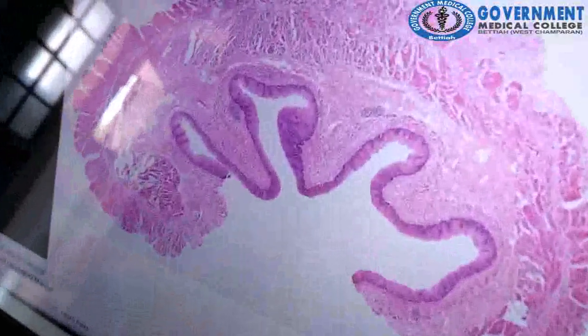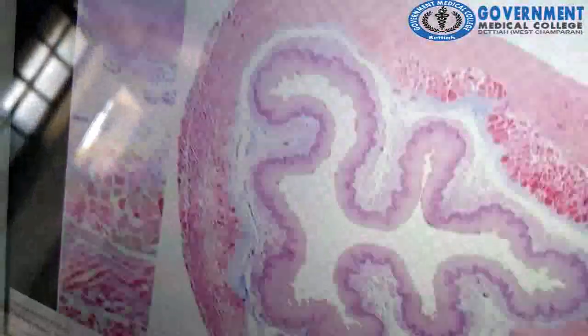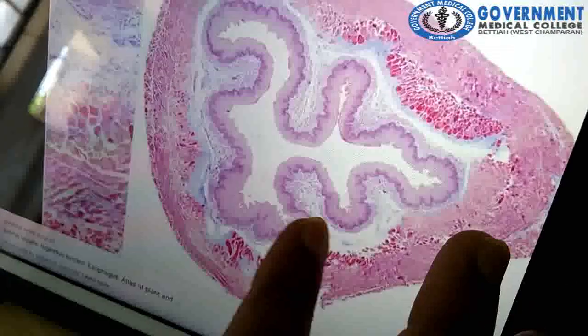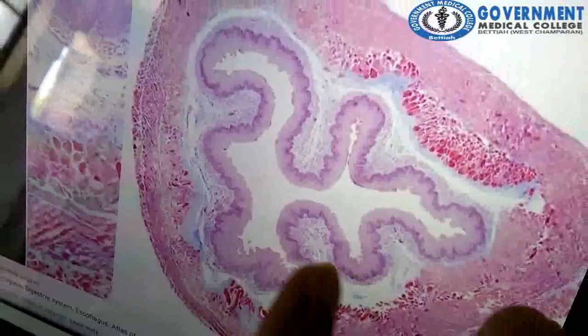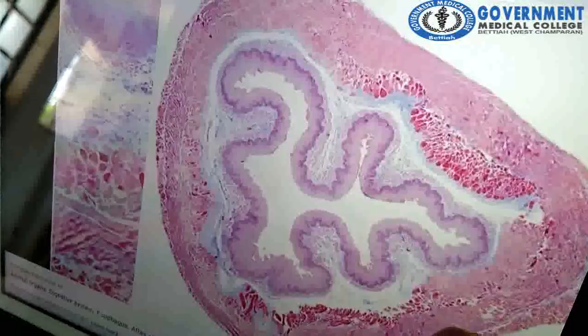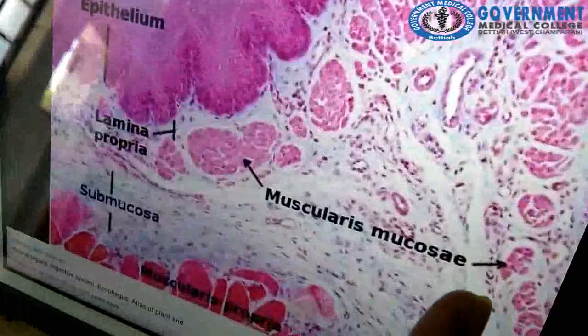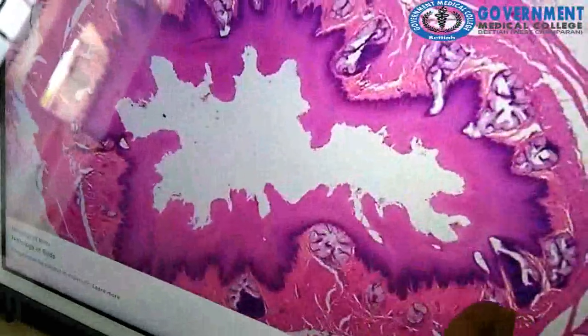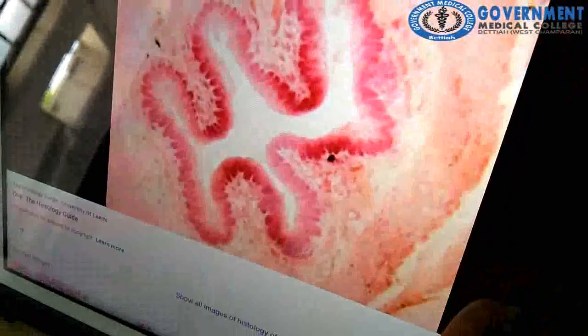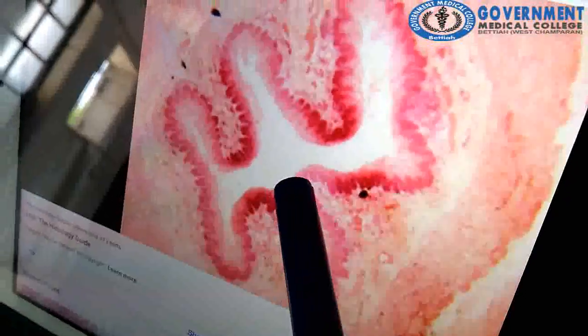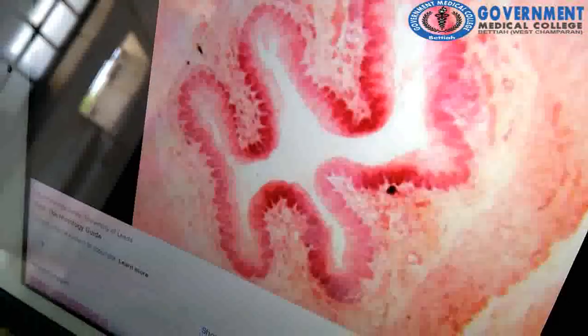Next picture, this is also esophagus. I have a slide just like this in our department. You can see it by microscope when the class opens. This is also a slide of esophagus, and such a slide is also available in our department.